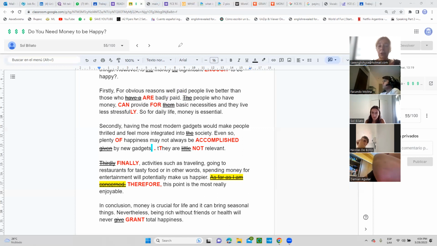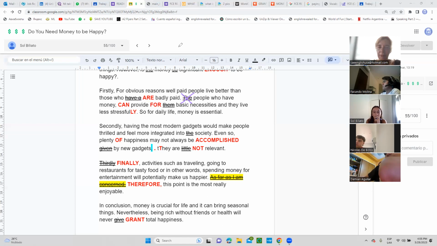In Spanish, las personas que están mal pagas. In Spanish too, okay? Here, no "the" people who have money. Now look what you wrote here. So people who have money provide them basic necessities.